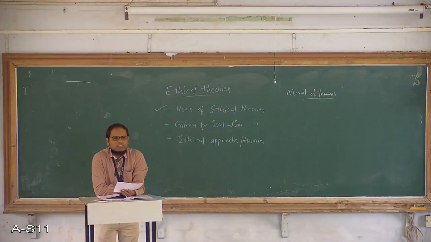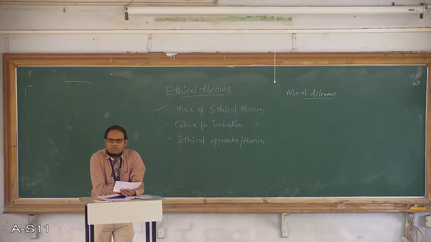Let me tell you what is dilemma first. Dilemma is a situation where a person is forced to choose between two or more conflicting options, neither of which is acceptable.